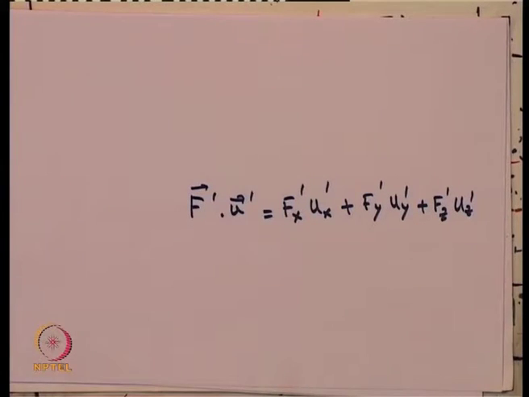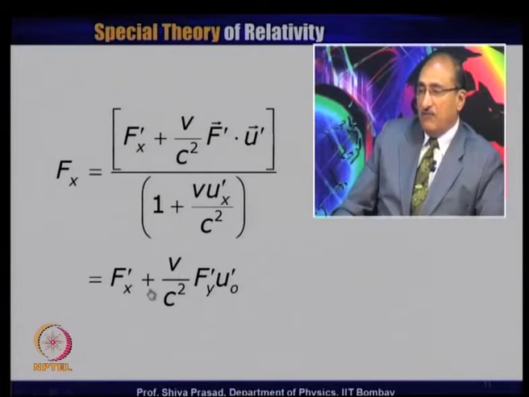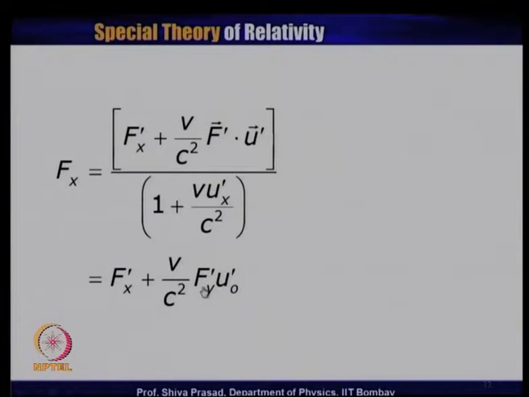Therefore, I can write this particular term as just F prime multiplied by Uy prime, and of course, the denominator, because Ux prime is 0, is only 1. So, I can straightaway write only the numerator, which gives me Fx prime plus V divided by c square Fy prime u naught prime.